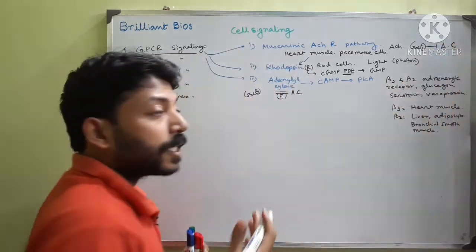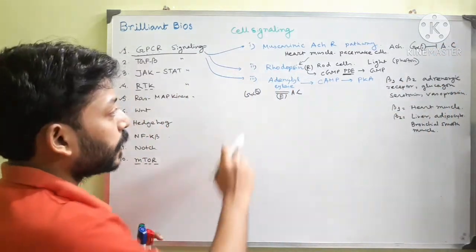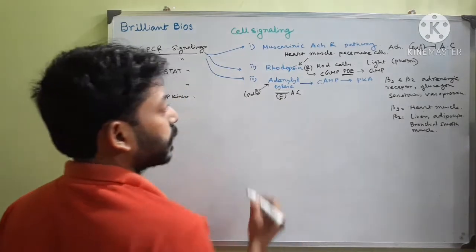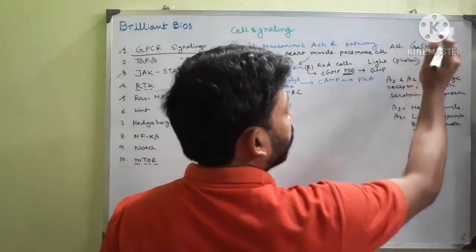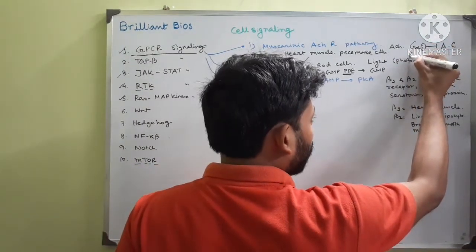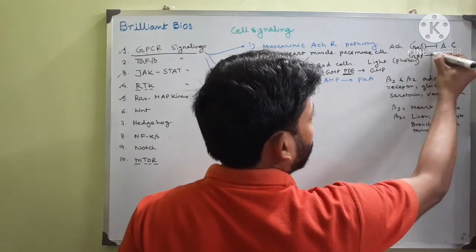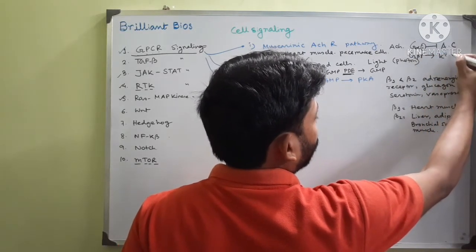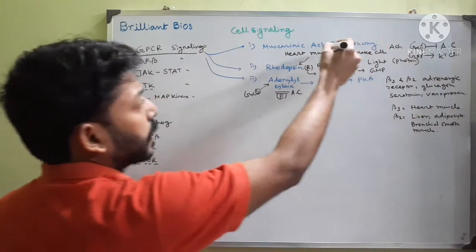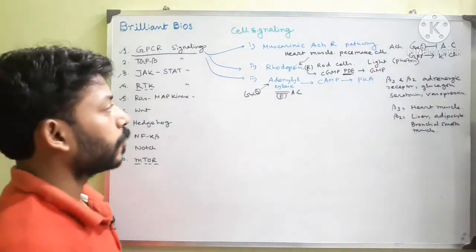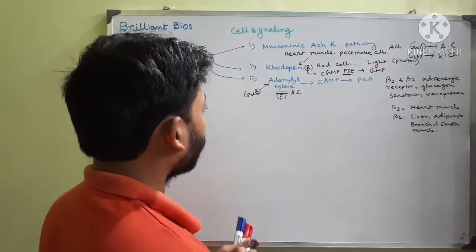So there are different types of G protein present. This can activate adenylyl cyclase, but in this case G alpha inhibits adenylyl cyclase, while G beta and gamma perform the role of opening potassium channels in muscarinic heart muscles. I will show you in more detail, but I am just giving the overview.